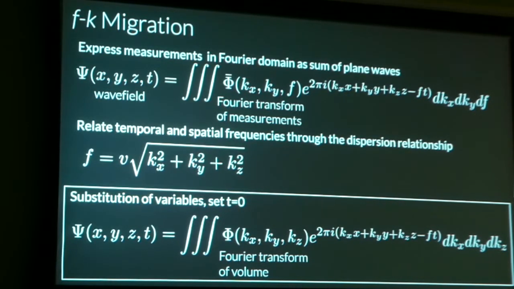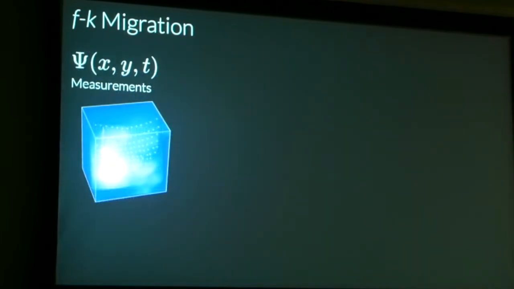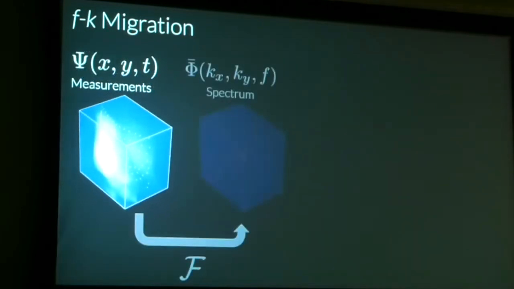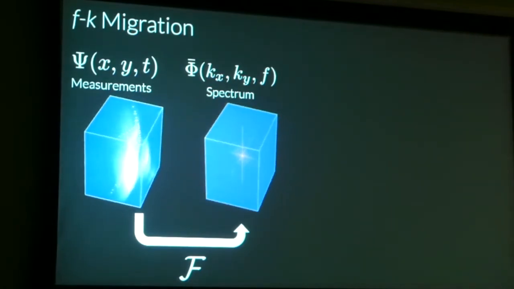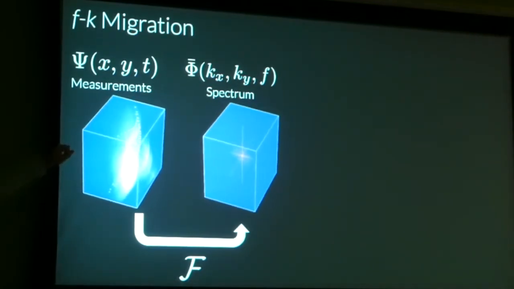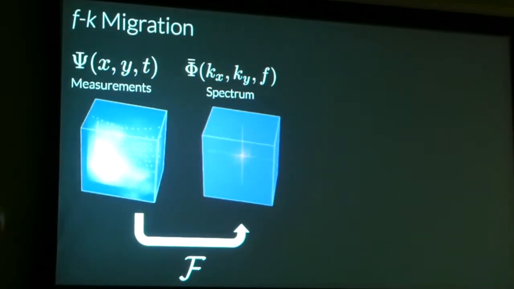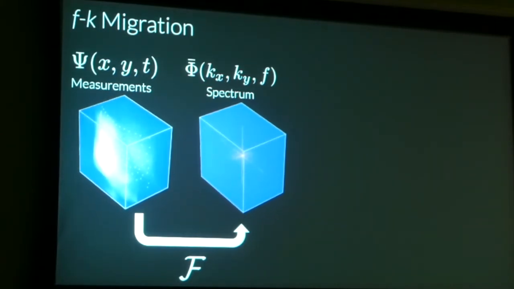Well, here's a more intuitive view of what's happening. So we start with the measurements. We take the Fourier transform, and this is the measurement spectrum. But notice that we have it as a function of spatial variables and this temporal frequency.